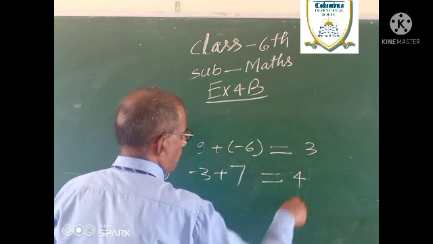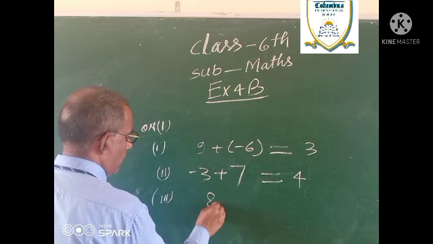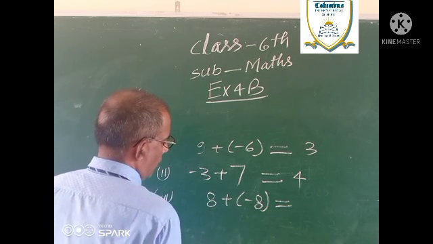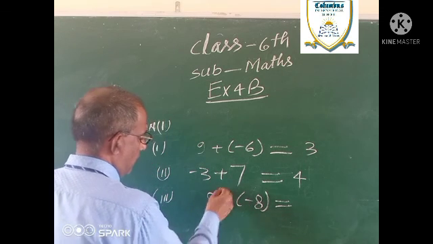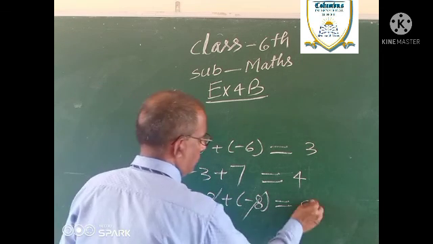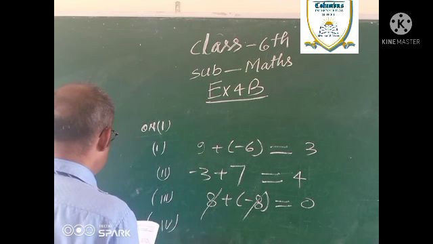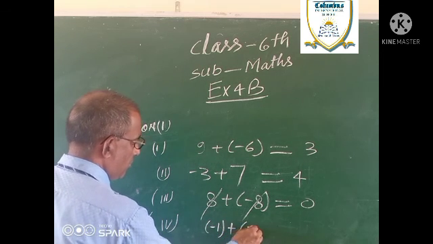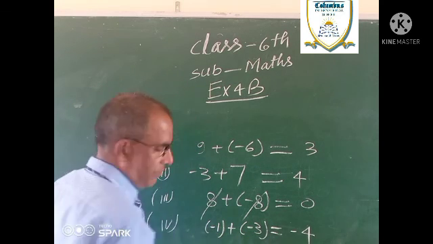Plus 4, that is only 4. Third, 8 plus -8. If both numbers are the same and one is plus and one is minus, then it will be cancelled. It is 0. And fourth, -1 plus -3 equal to -4.